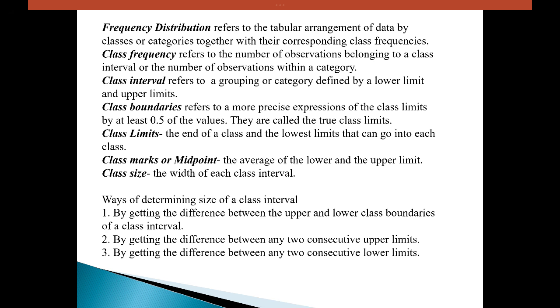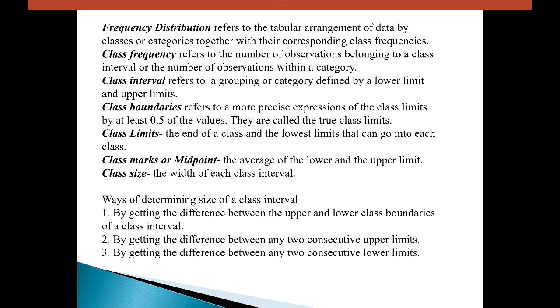Frequency distribution refers to the tabular arrangement of data by classes or categories. Class frequency refers to the number of observations belonging to a class interval. Class interval refers to your grouping or your category, defined by lower and upper limits.